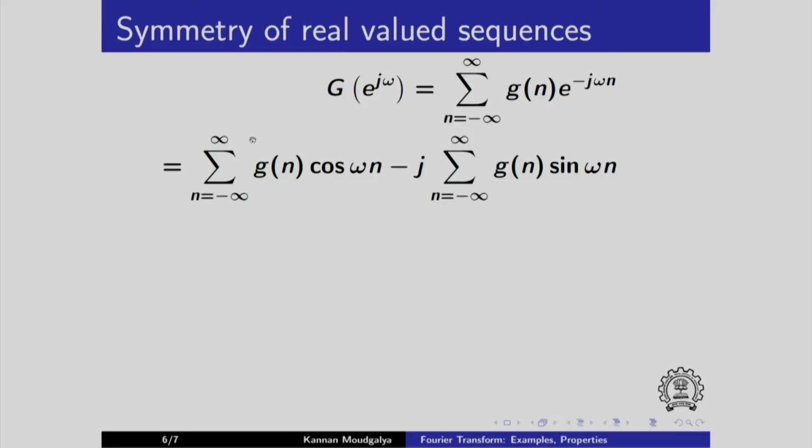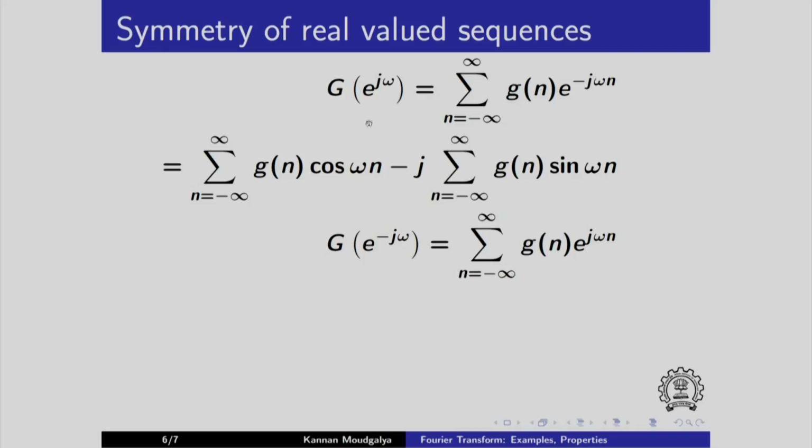This is what we expect in our control problems where we deal with real life systems. So as a result we expand the exponential term into sine and cosine. So we get this cos omega n term and then sin omega n term.